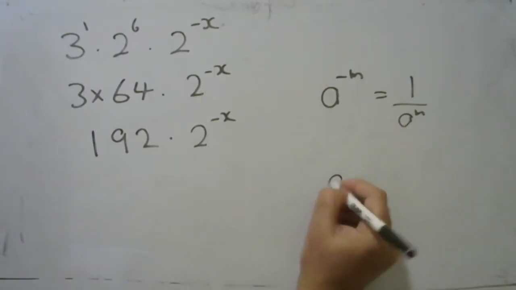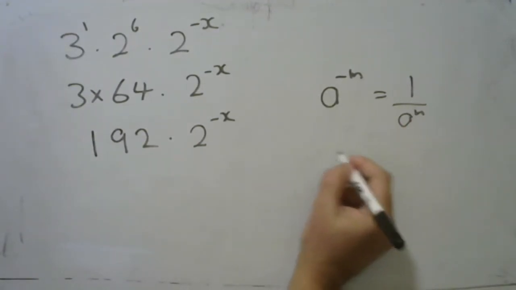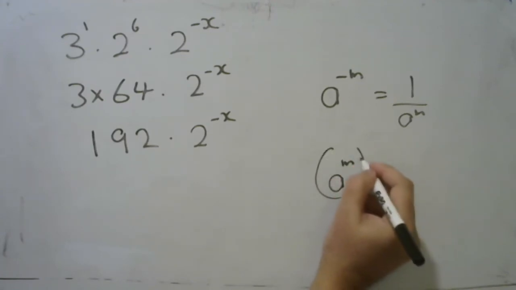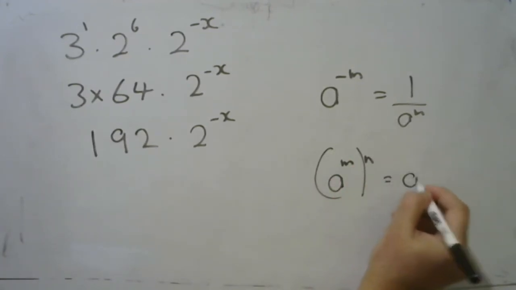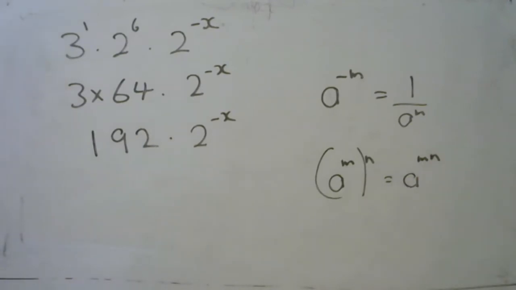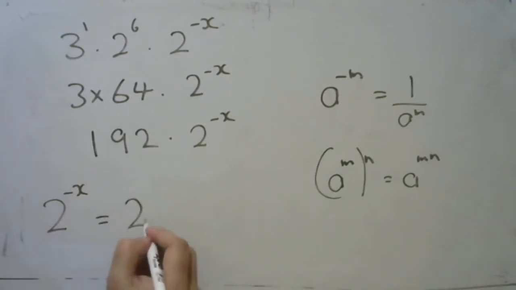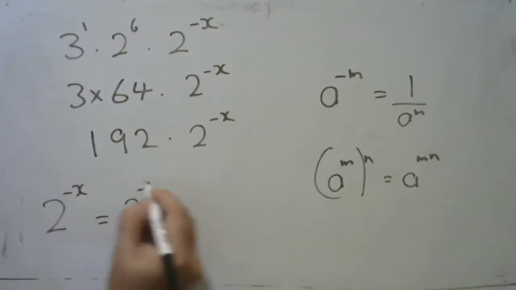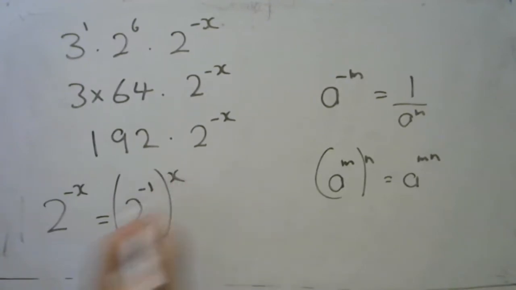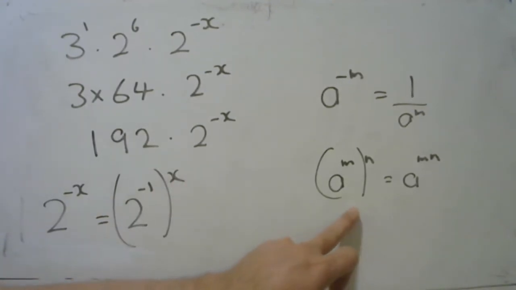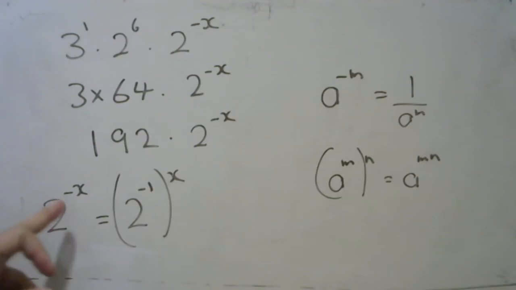And you know, a to the m to the n is the same as a to the mn. Now, if I have 2 to the minus x, this is the same as 2 to the minus 1 times x. From this rule here, minus 1 by x is minus x.